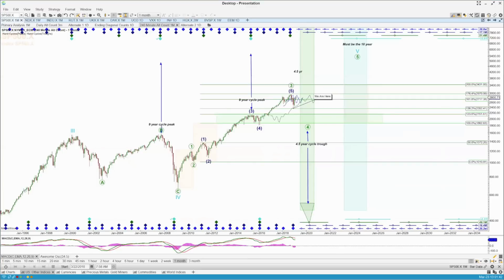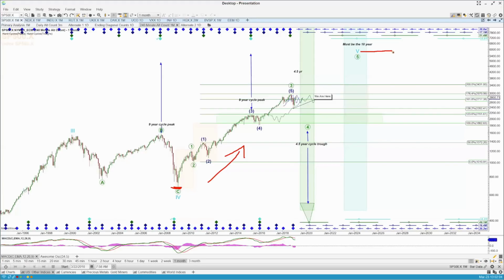Okay, let's then take the market from that 2009 low. If that's a wave 4 at cycle degree, the move up out of it once it's complete will be the wave 5 at cycle degree.